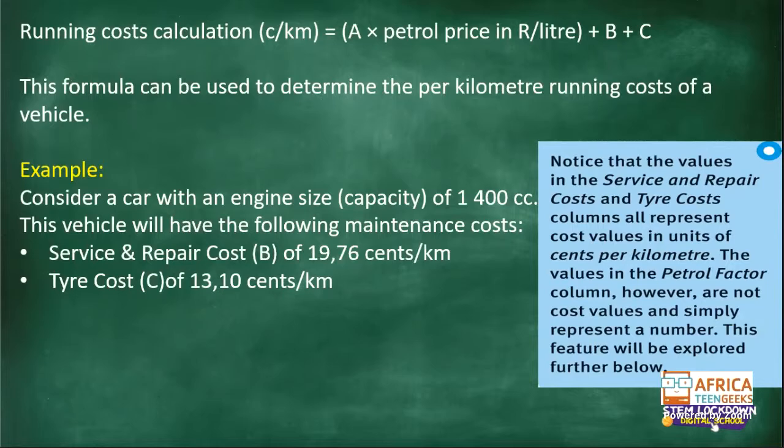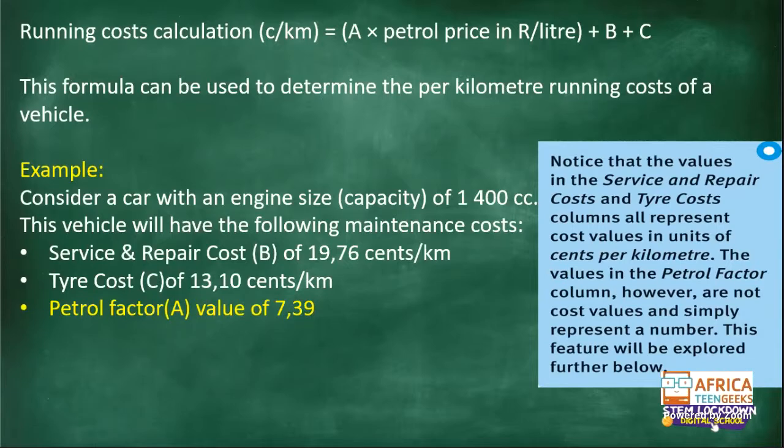But remember, we also need to know how much is the price of petrol per liter. So we are going to find out now. And of course, in this example here, you can see that the corresponding petrol factor will be 7.39.